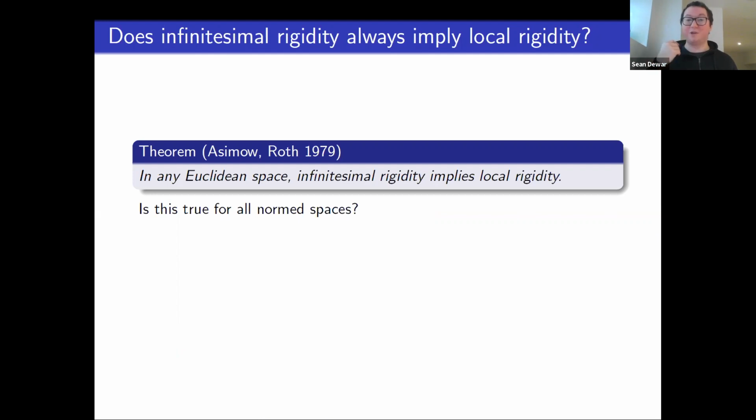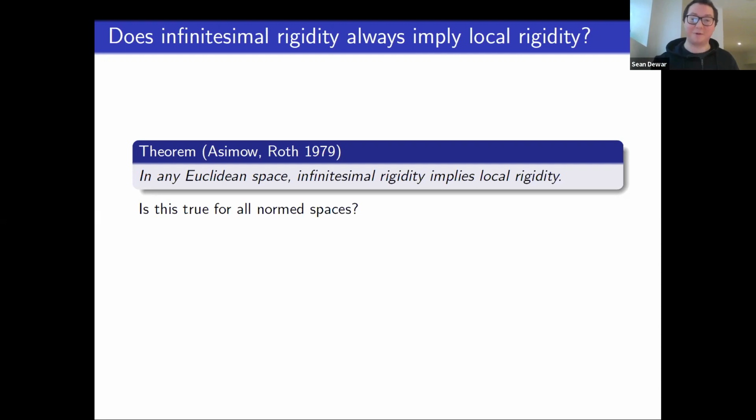If we know that the framework is infinitesimally rigid, but we don't really know anything else about the framework, can we say that it's also locally rigid? Now, in Euclidean space, this is obviously true. Basically, you've got a differentiable function. Differentiable functions with maximal rank will be maximal rank on an open neighborhood, so little perturbations will keep it. So we automatically have this constant property.